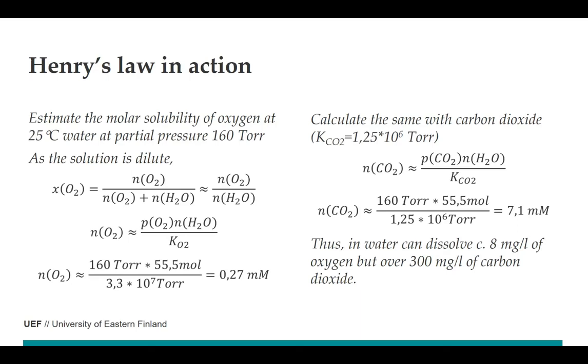Okay, it's quite understandable. And we can even calculate that we have the same partial pressure in the solution as in the environment, and then we can calculate how much oxygen can be dissolved in the aquatic solution.